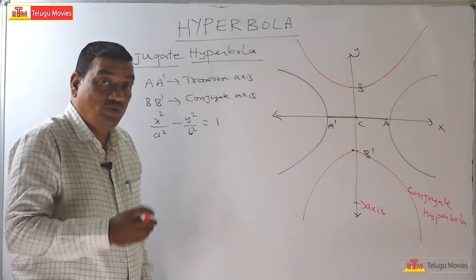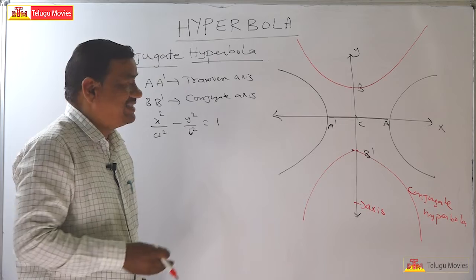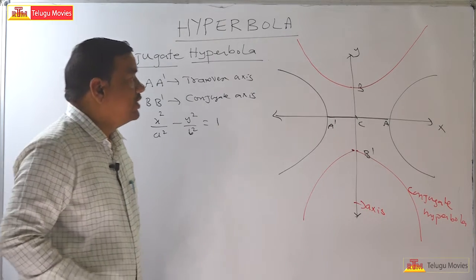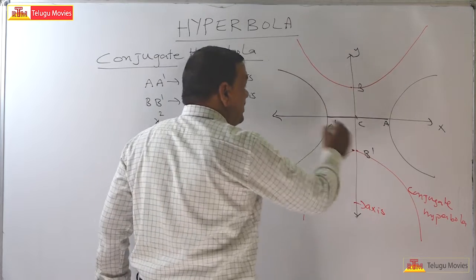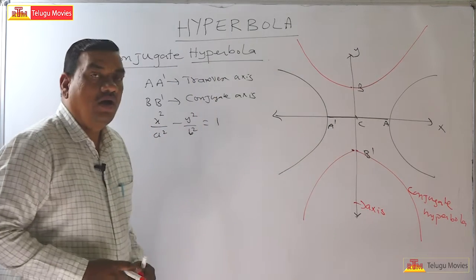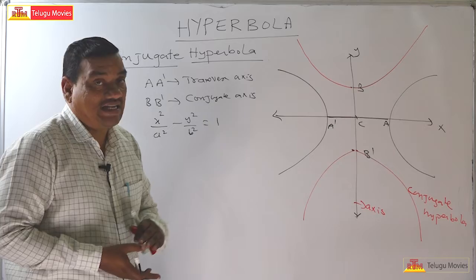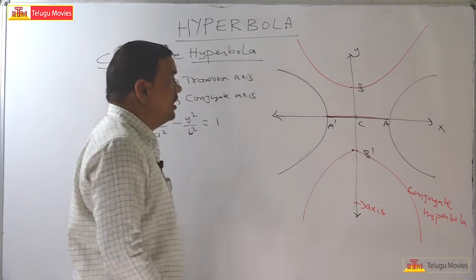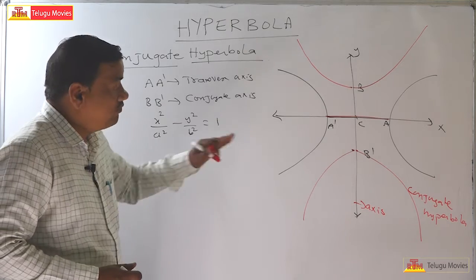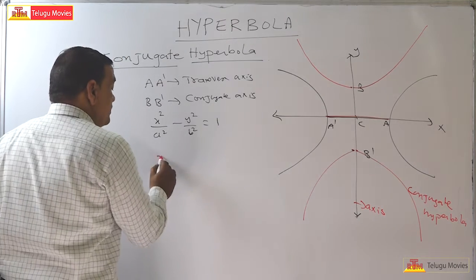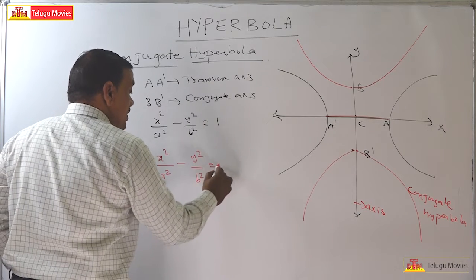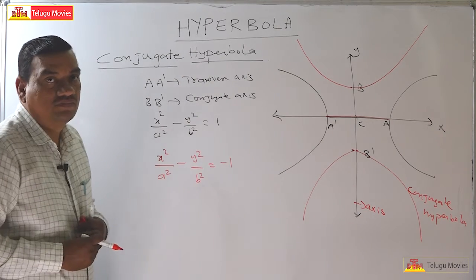Therefore here B B dash is the transverse axis, and A A dash is the conjugate axis. The equation of this conjugate hyperbola is x square by a square minus y square by b square is equal to minus 1.